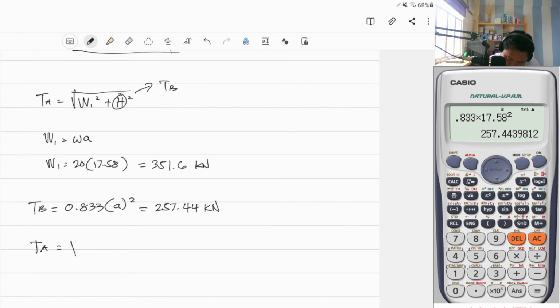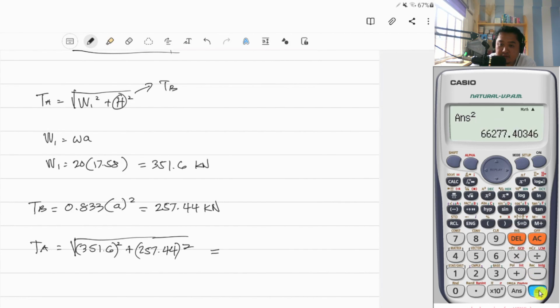So we can now solve for TA. So this equation, W1. So what is W1? 351.6 squared plus H, or TB, equals 257.44 squared. So TA equals the square root of 351.6 squared plus 257.44 squared.